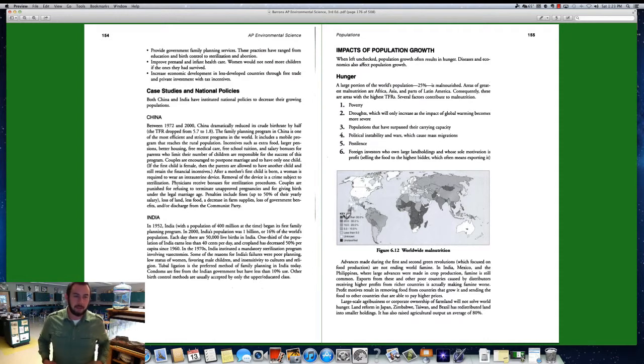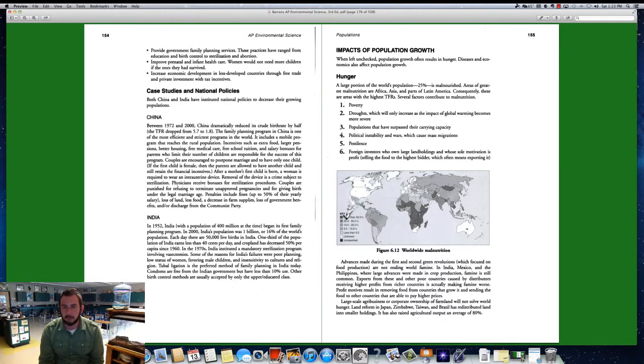China had the one-child policy, and they had ways of enforcing that, and that led to a large drop in their total fertility rate, whereas India was promoting family planning and things like that, but they didn't promote it very well, and it didn't catch on, and so their TFR did not go down nearly as much as China's did. So there's a little case study comparison that we've already talked about.